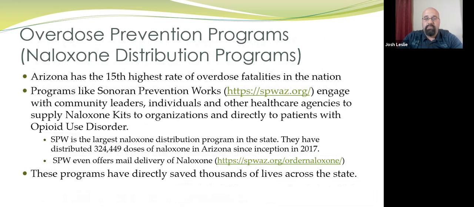The next program, probably one of, if not the most important programs out there at this point, is naloxone, or overdose prevention programs. One of the things our company does, as we team up with other organizations and build programs for them, is that one of the first things we talk about is overdose prevention strategies and opioid use disorder, and developing a model for them.